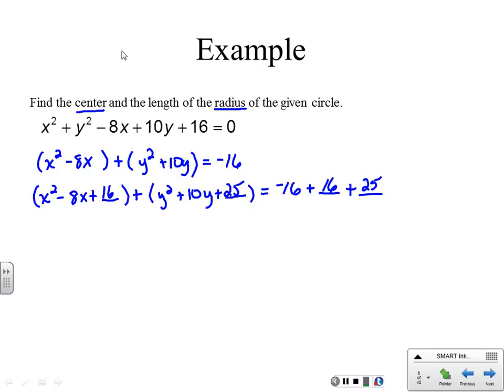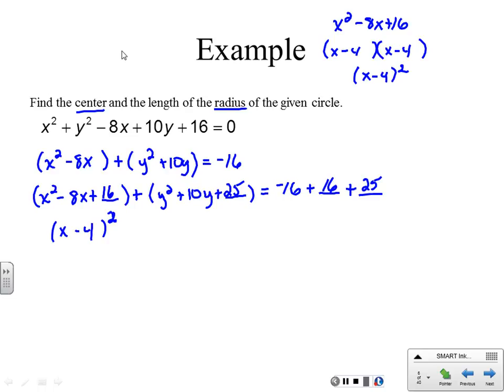And a perfect square trinomial will always factor into a binomial squared. So when you complete the square, it makes a perfect square trinomial, and a perfect square trinomial will always factor into identical binomials. So, for example, this is what's going on. x squared minus 8x plus 16 will factor into (x minus 4) times (x minus 4), which can be written like that.